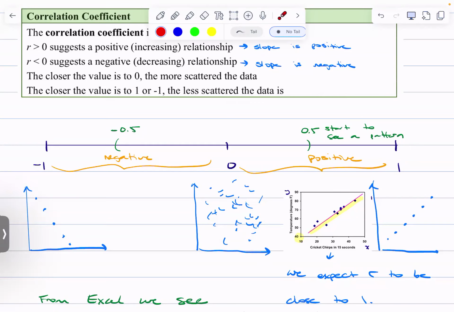Do you think your predictions are more or less reliable? Even more reliable, right? If you're interpolating with a high correlation, that's a really reliable estimate. You're expecting these points to behave just like this line, or close to it. Whereas if you have a low correlation, then you've got slightly less reliable results.